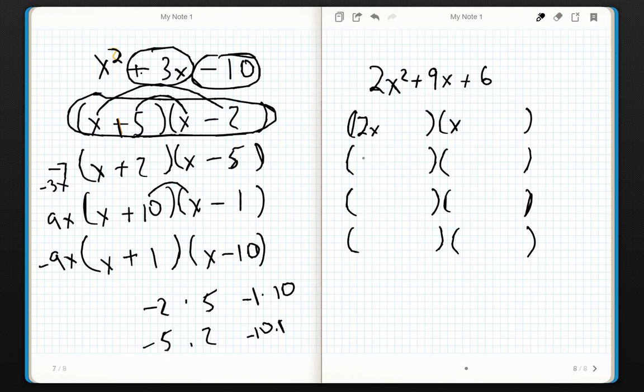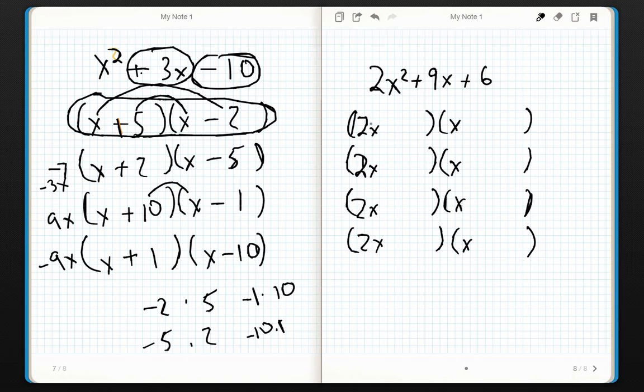Now if it was 4x squared, it could be 2x and 2x, it could be 4x and x, and it gets more complicated, and after a while, sometimes it becomes not worth it to try to factor. But if you're good at factoring, and practice makes perfect, it can be a tremendous way to shorten your solution process to quadratics.